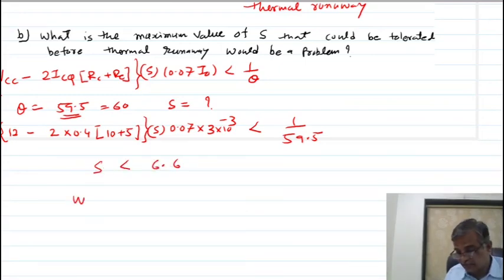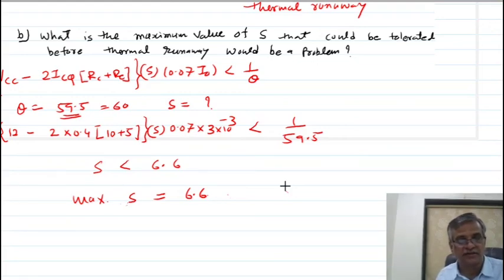So the maximum value of S should be nothing but 6.6. You can keep stability factor S as 6.6. If you give theta 60, then your maximum value of S should be this. S cannot be more than this. If the stability factor S is more than this, then thermal runaway problem will occur. If S is less than this, thermal runaway will not occur according to this question.